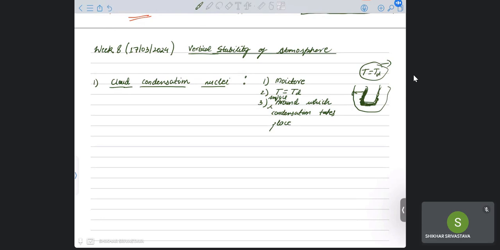The concentration or distribution of these cloud condensation nuclei, CCN, also depends on place.